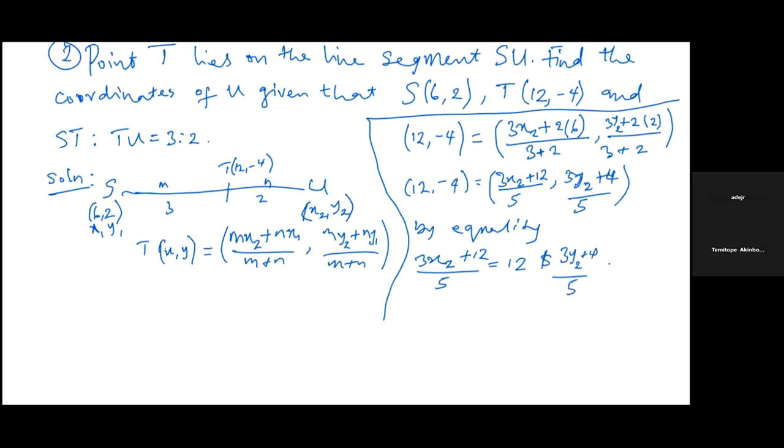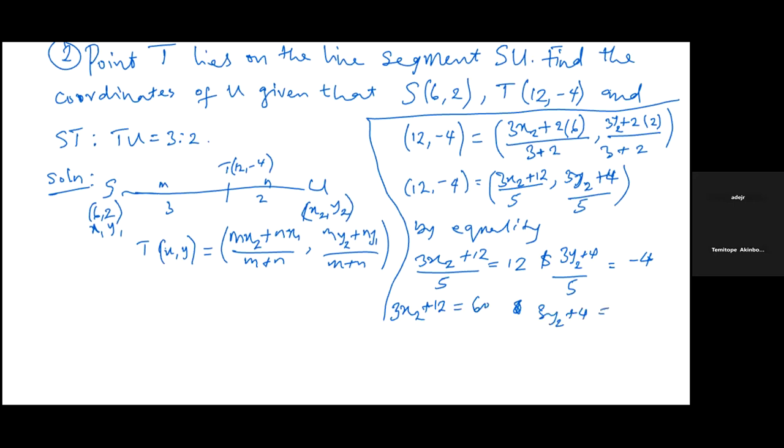So I have two equations. I will now solve them. You are not solving this simultaneously this time because the expression you have here is sufficient to determine S2. The expression you have here is also sufficient to determine Y2. So this will give us 3S2 plus 12 equals 60 and 3Y2 plus 4 equals minus 20.